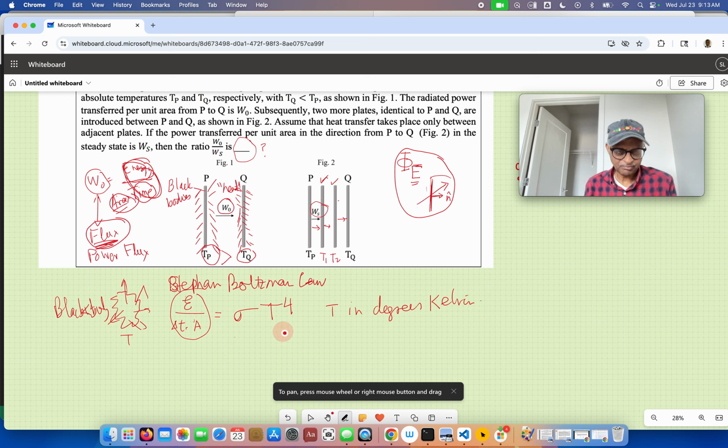We'll assume that all these temperatures are on the absolute temperature scale. So this is what will be given up in that time.